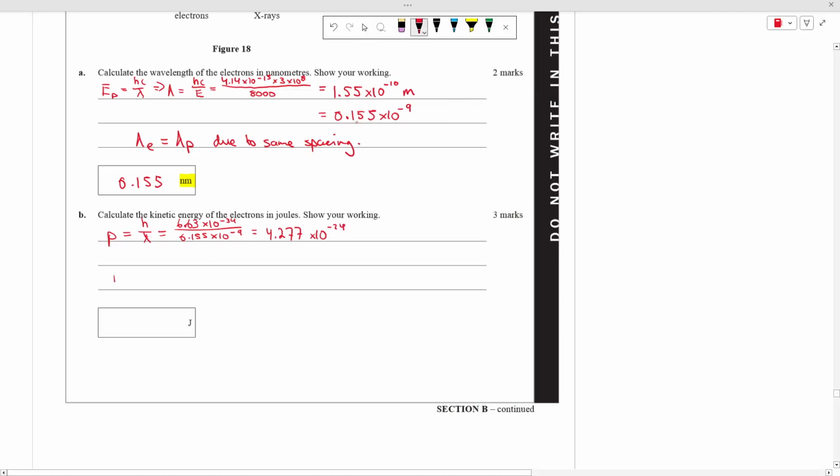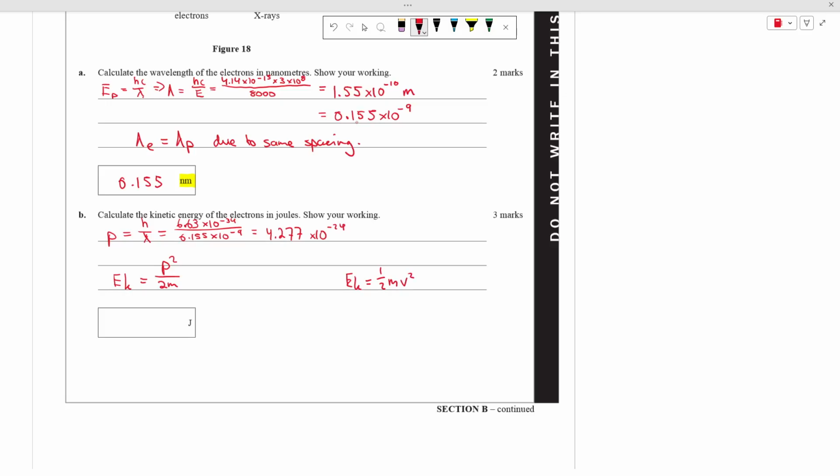Now, the formula for kinetic energy in terms of momentum is, now I've got to be sure I'm doing it right, I think it's p squared over 2m. Now, let's just see where this comes from quickly. So, kinetic energy is half m v squared.